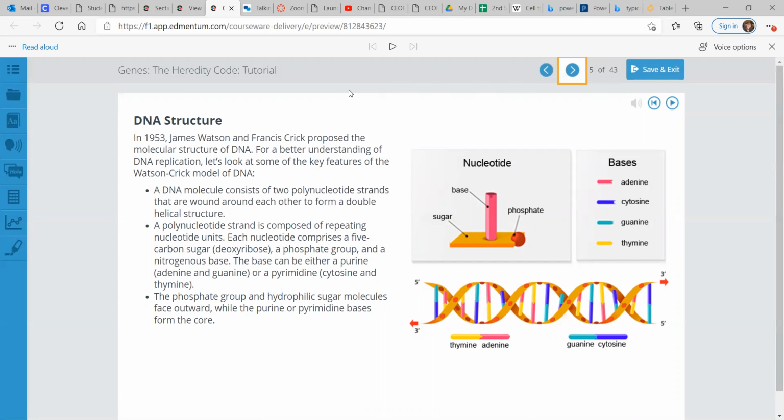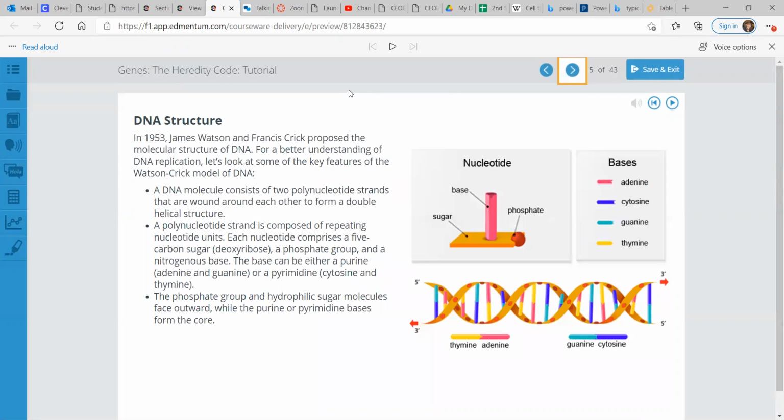DNA structure. In 1953, James Watson and Francis Crick, you hear Watson and Crick if you're going to study more about biology, proposed the molecular structure of DNA.